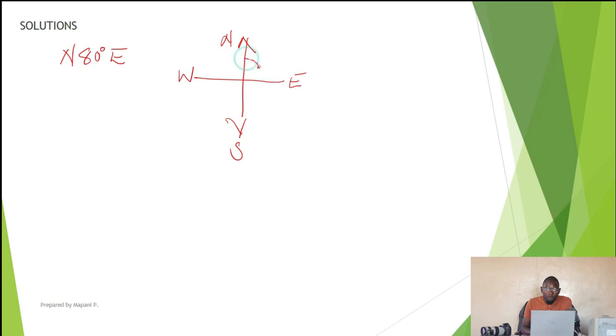Here with your compass you measure 80 degrees. So this becomes your secondary point for northeast. So it will be in this northeast, because this is what they are asking you. So basically when you are drawing, you just look at the question that they have given you.